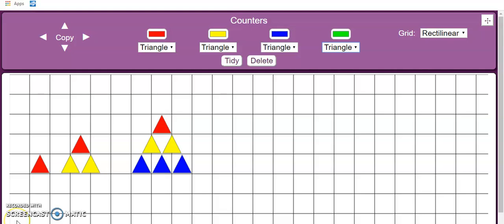Now what I'd like you to do is to pause the video in 10 seconds, and I want you to build the next triangle using 1 red, 2 yellow, 3 blue, and 4 green triangles. Okay, so take 4 more triangles, and I want you to build the next triangle number. Pause now and try that.